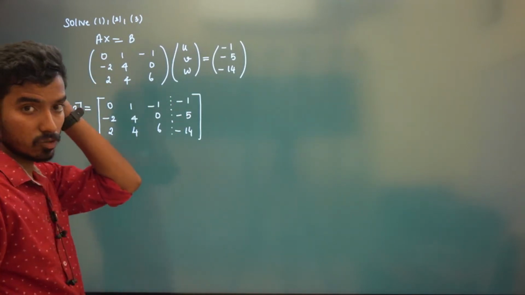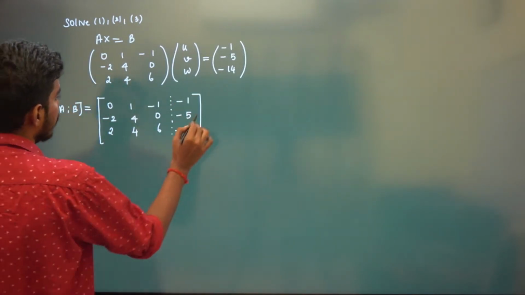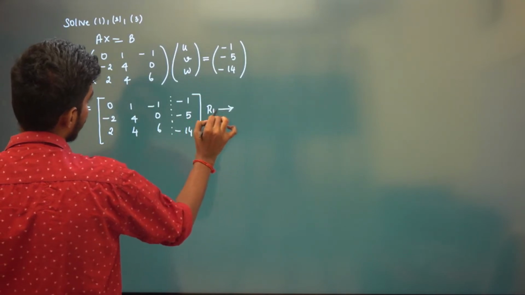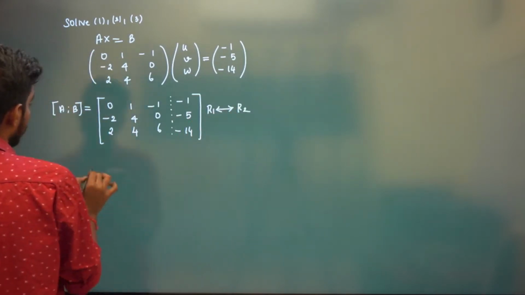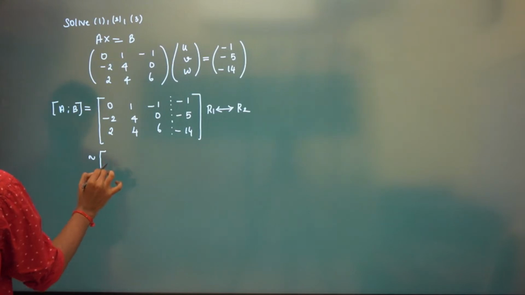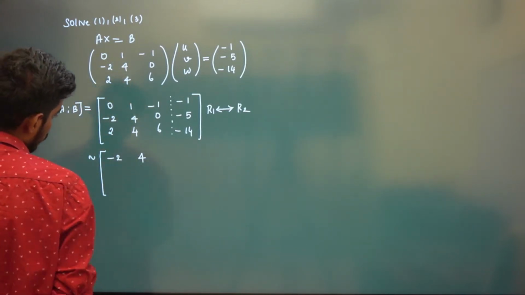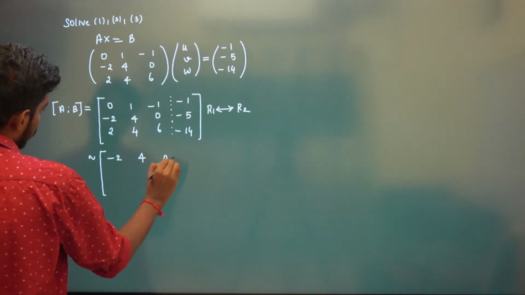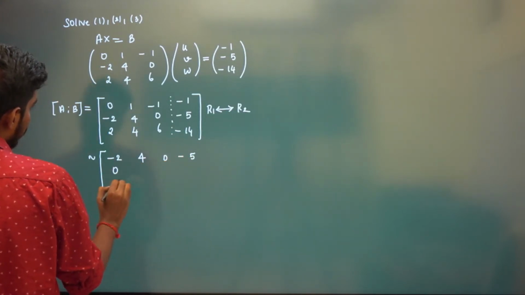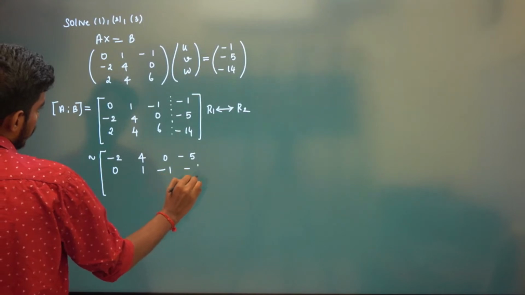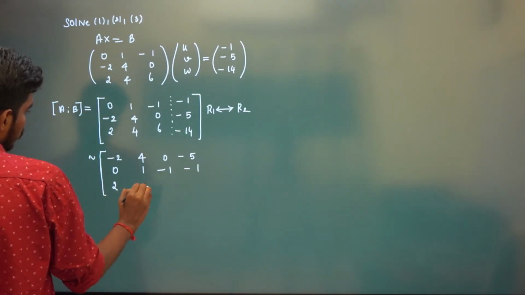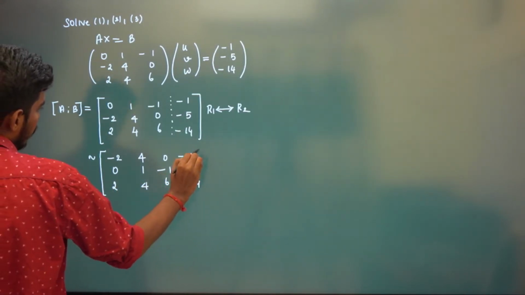We need to convert this to row echelon form. So first, interchange R1 and R2. This is equivalent to -2, 4, 0, -5; 0, 1, -1, -1; 2, 4, 6, -14.